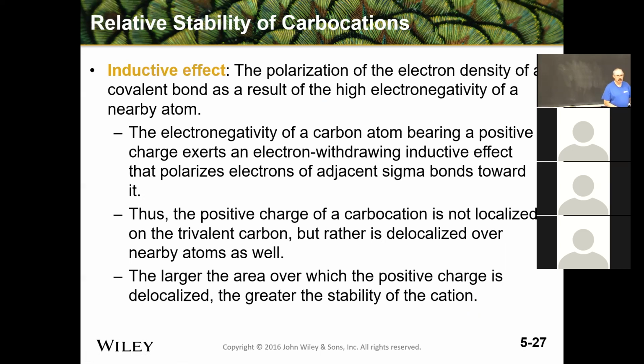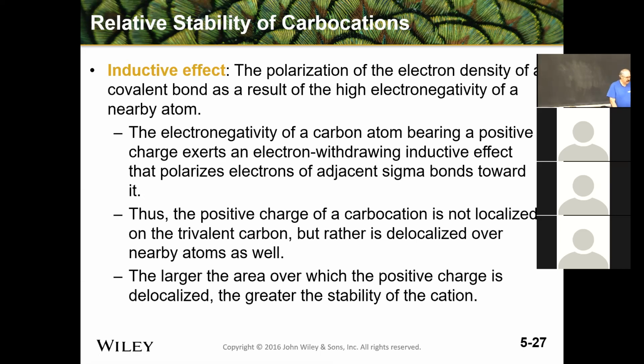One reason is what we call the inductive effect: the polarization of the electron density of a covalent bond as a result of the high electronegativity of a nearby atom.